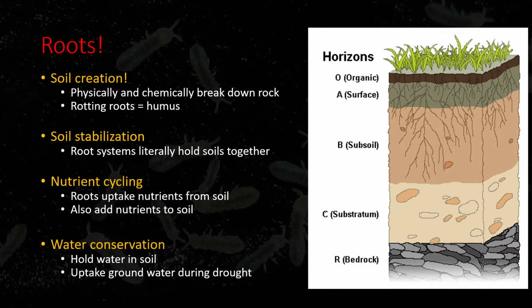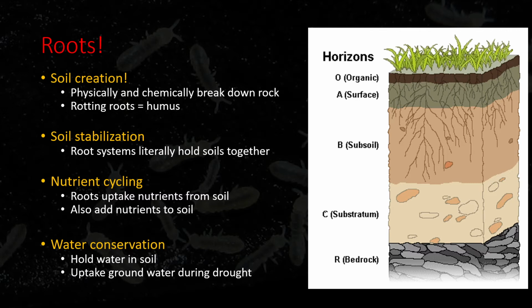Roots, I just talked about this. For me, I just talked about this. You might be watching this a week later. But the roots are really important in soil creation, soil stabilization, nutrient cycling, water conservation. Vascular plant roots are one of the most important components of the majority of soils on this planet.